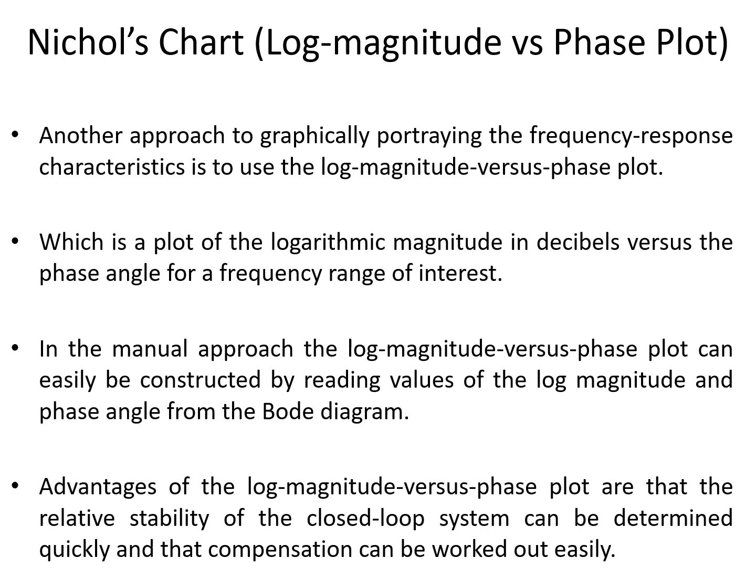In the manual approach, the log magnitude versus phase plot can easily be constructed by reading the values of the log magnitude and phase angle from the Bode diagram. The main advantages of this log magnitude versus phase plot are that the relative stability of the closed loop system can be determined quickly, and that compensation can be easily worked out for the given system.